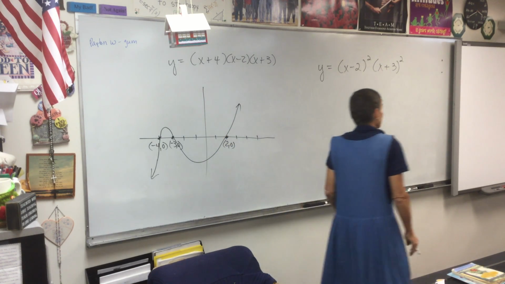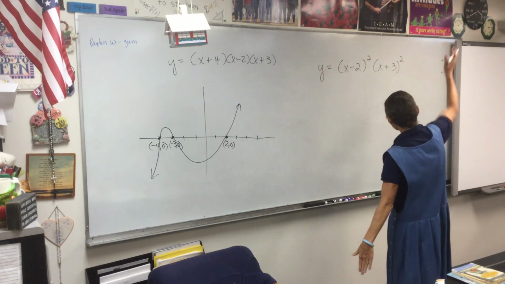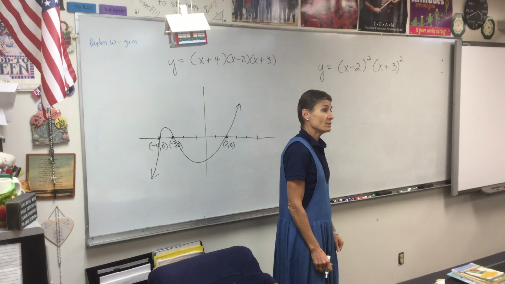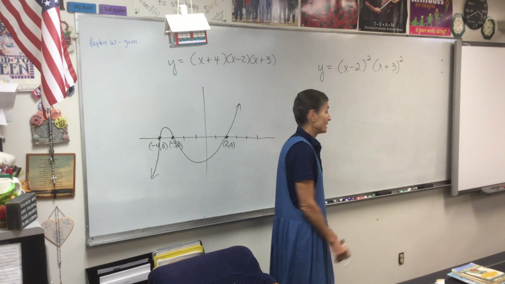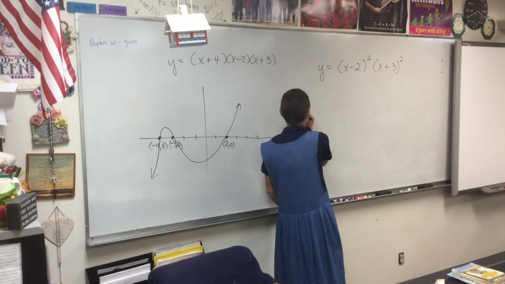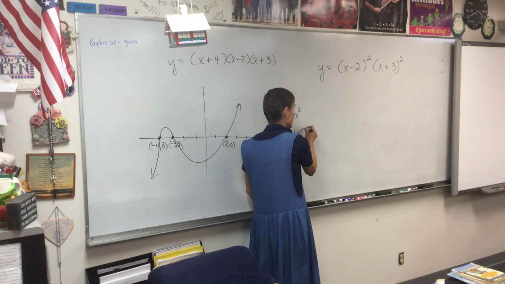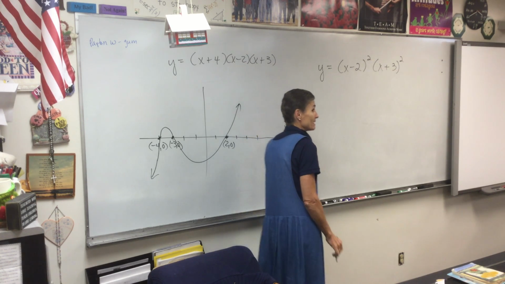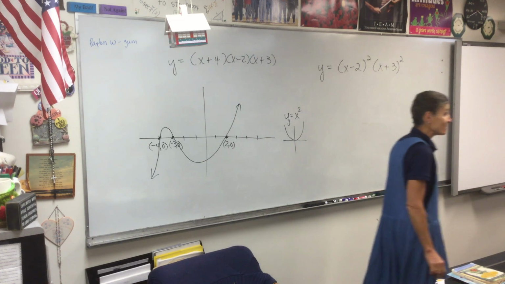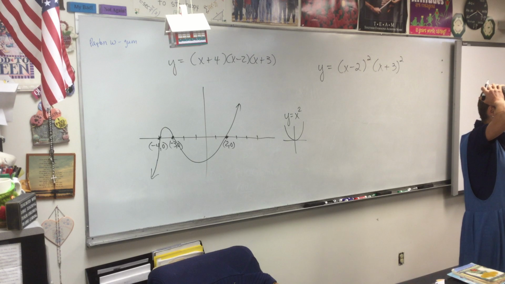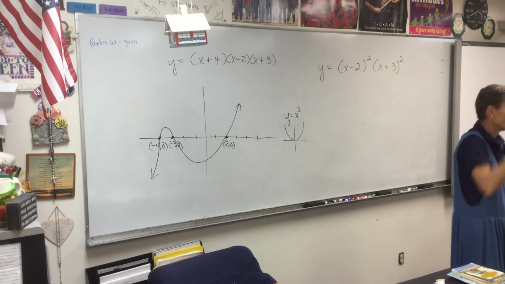When the degree is odd, we start down, end up every time. When the degree is even, it's like x squared. How does x squared behave? It starts up and ends up. If your power is even, you start up and end up.